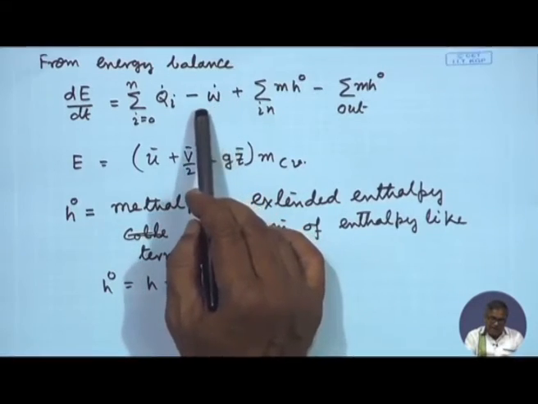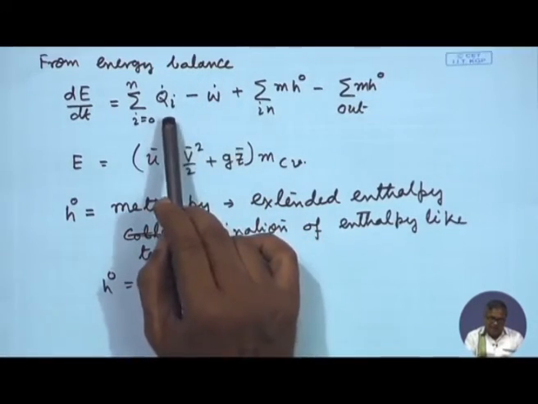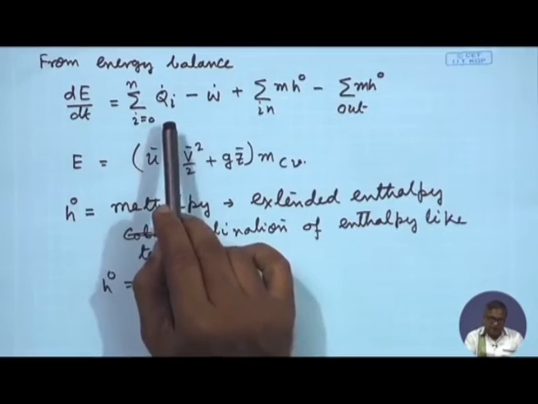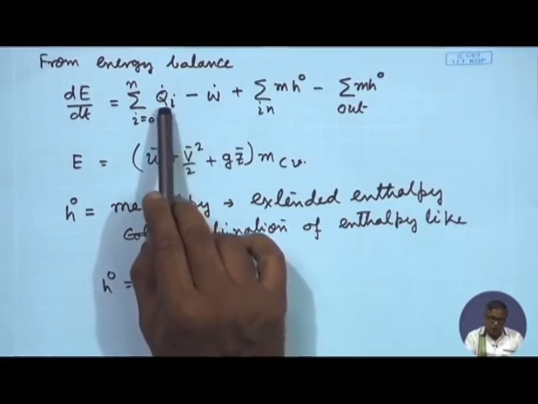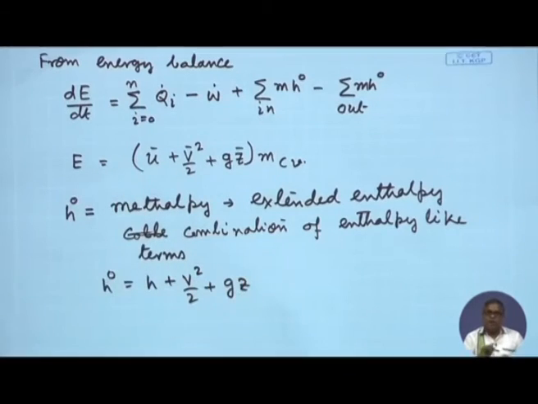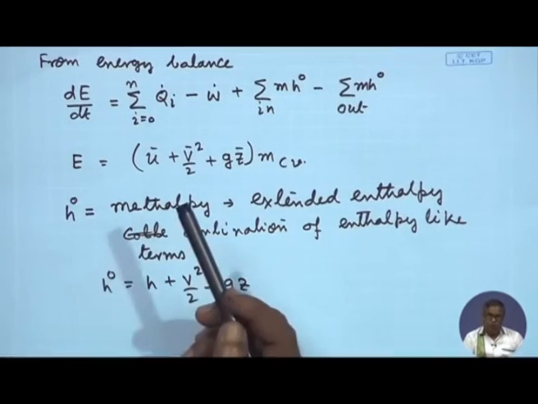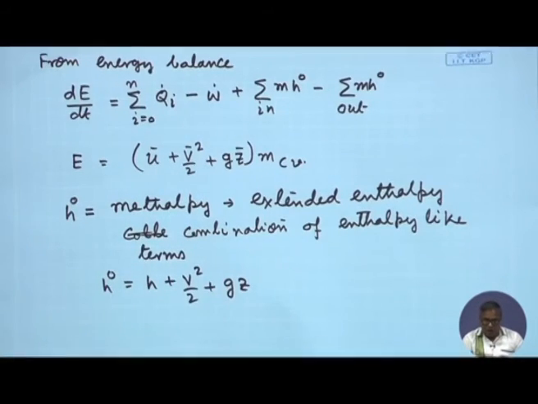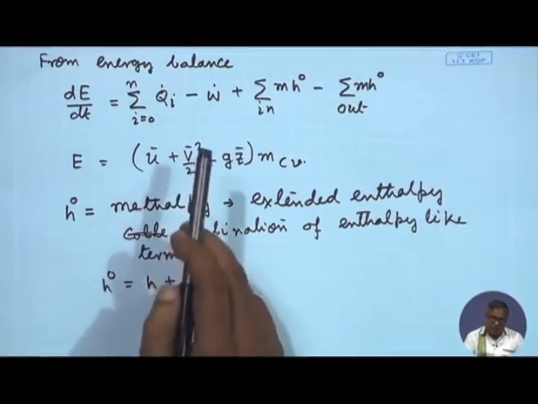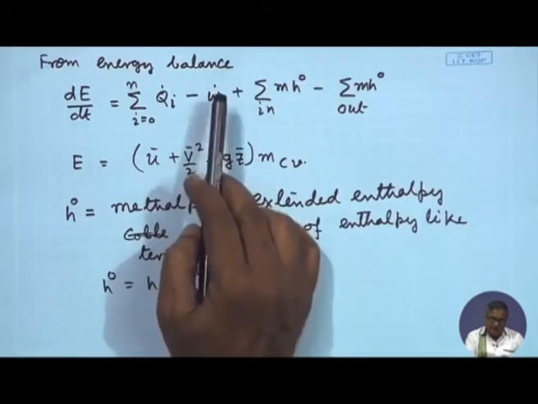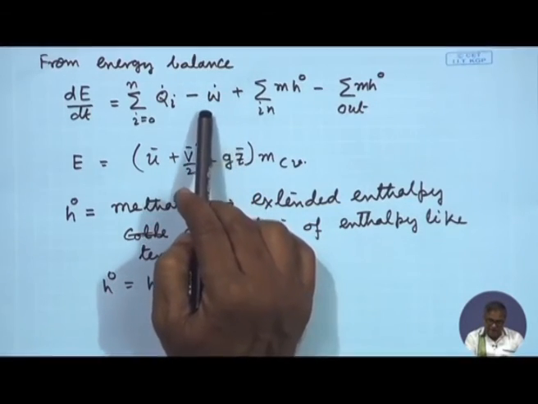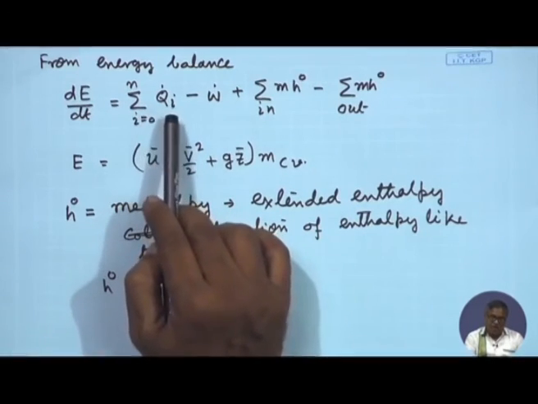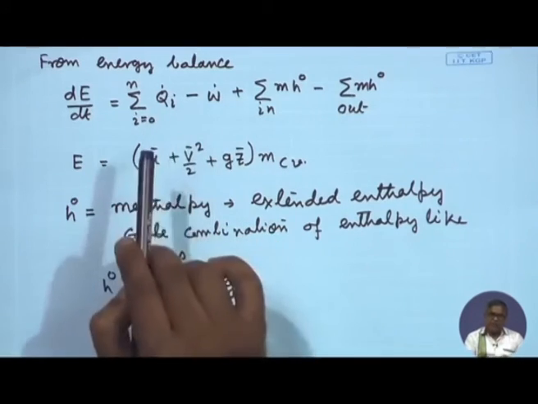Work done is denoted by a single term, and heat transfer is a summation term depending on the temperature at which heat transfer is taking place. So we can differentiate them, particularly when we introduce the second law of thermodynamics. Sometimes I have talked about the quality of energy. All work has the same quality and is the highest grade of energy, but heat we will differentiate depending on its temperature into different grades, as we will see later on.